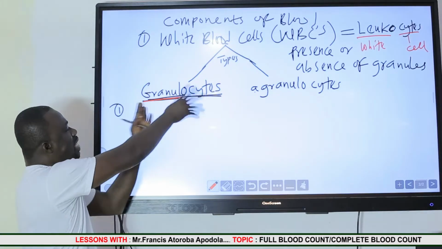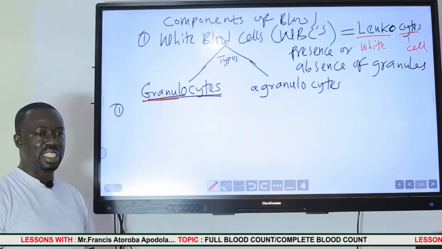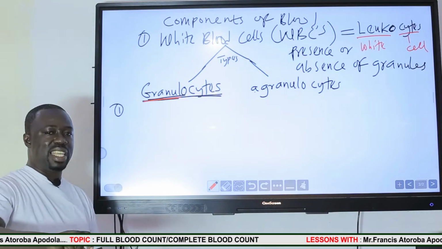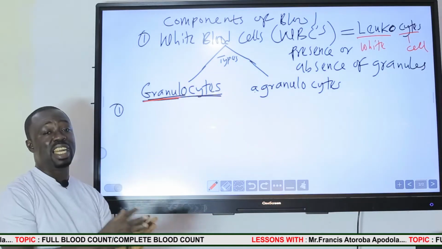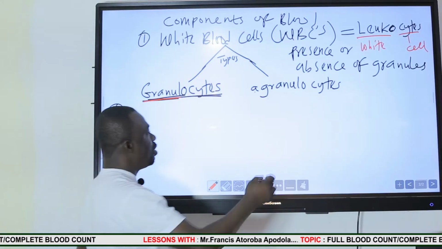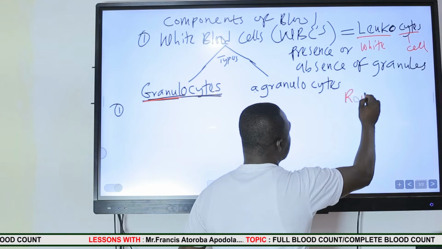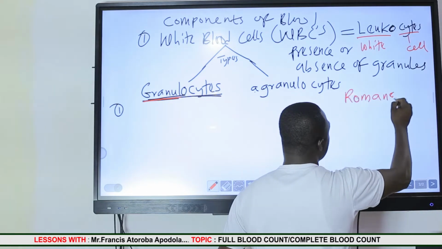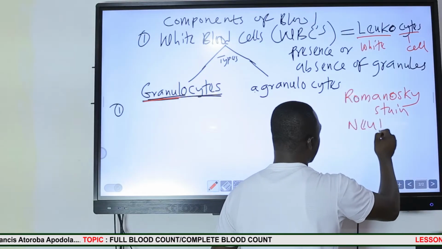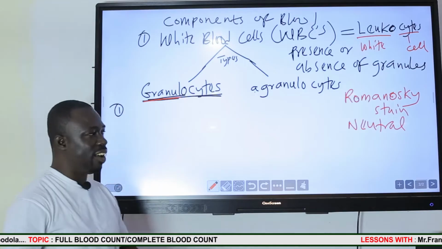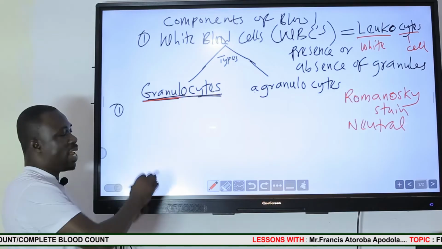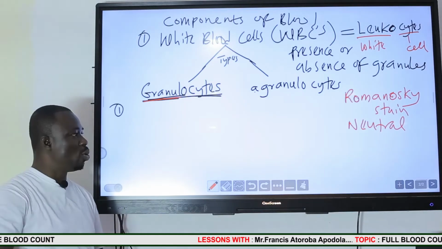When the scientist stained the granulocytes, he realized that some of these granulocytes had cytoplasmic granules that were attracted to a part of the dye. The scientist used a neutral stain, called the Romanowsky stain. The scientists discovered that some of these granulocytes, in the granules in their cytoplasm, showed an affinity.